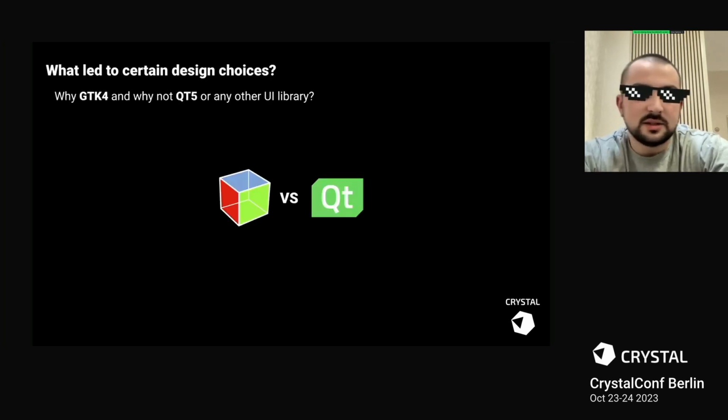What led to certain design choices? I had to choose between GTK4 and Qt5. Actually, GTK4 was implemented in a PR from Giop Junior. I think I mispronounced the username. And why did I choose GTK?